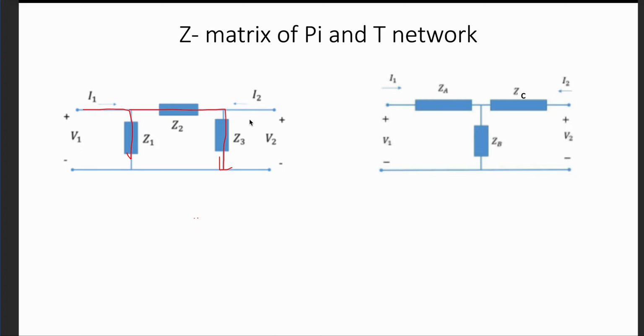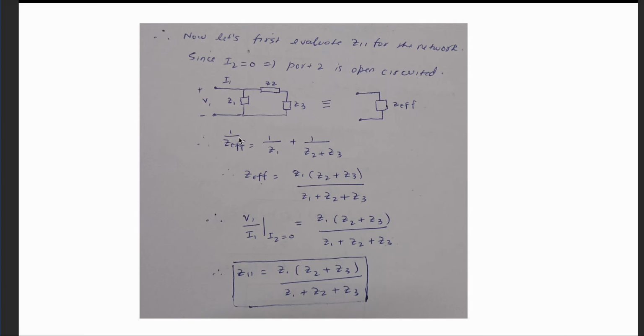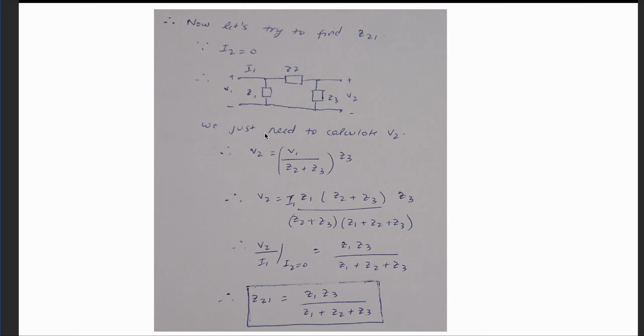In order to calculate the V2 voltage, you can just use V is equal to IR, right? Because Z2 and Z3 are in series, if you know the current in this section, you can multiply it by Z3 and you will get the voltage V2, right? Because it's like a voltage divider here.